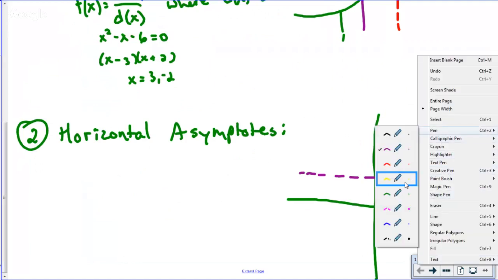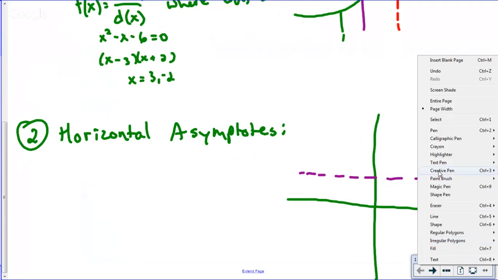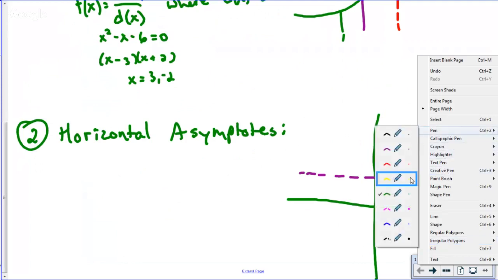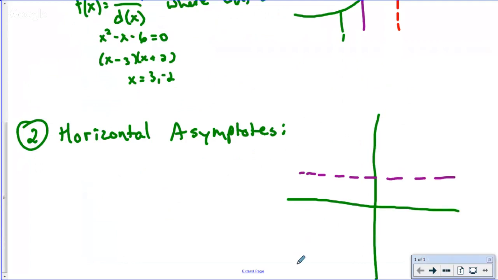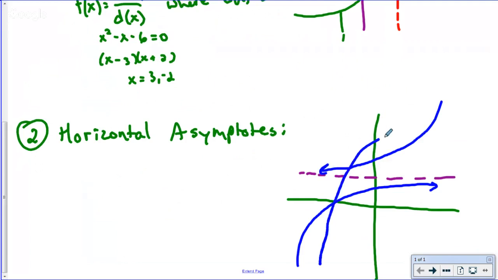Now, in these, sometimes your graph does cross. So I could have a graph that looks like this, and it approaches that line. We could come from the top this way, and it approaches that line. We could also do something like this, and it still will approach that line later on.